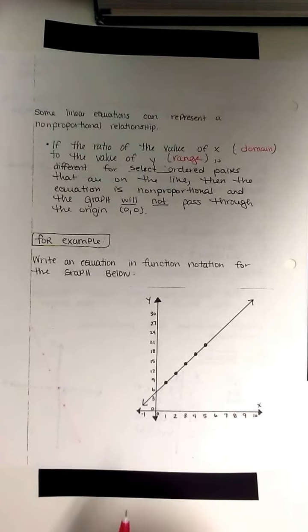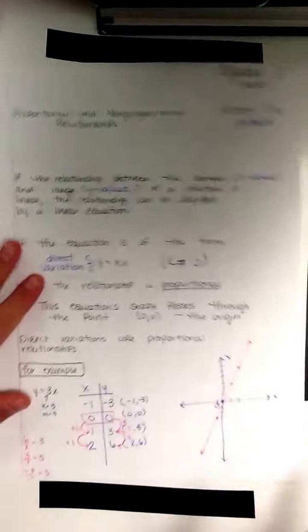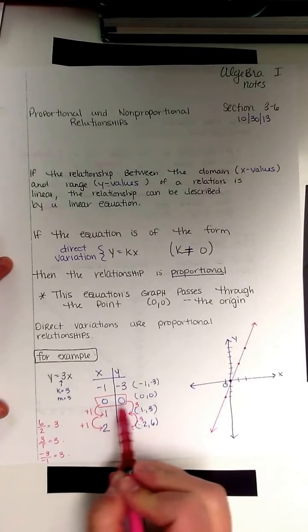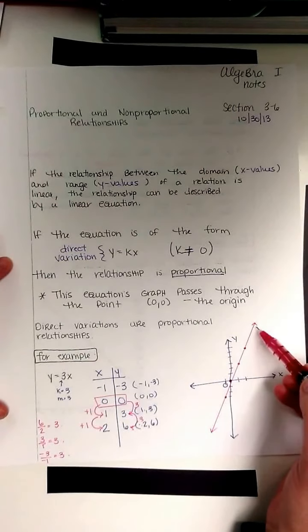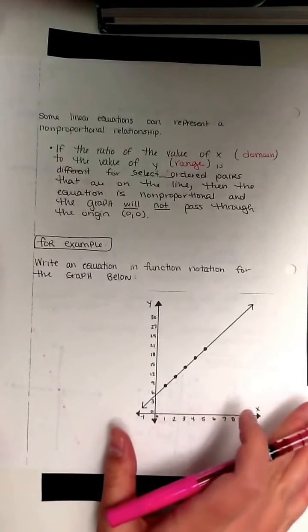Then the equation is non-proportional and the graph will not pass through the origin. Back here, it didn't matter what ordered pair we chose, we still got 3, except for 0, 0, and our line did pass through the origin. It is proportional.